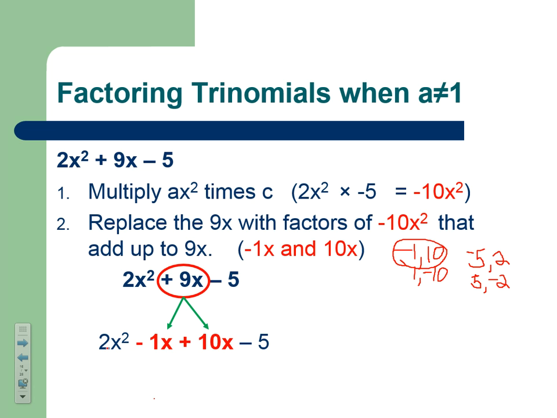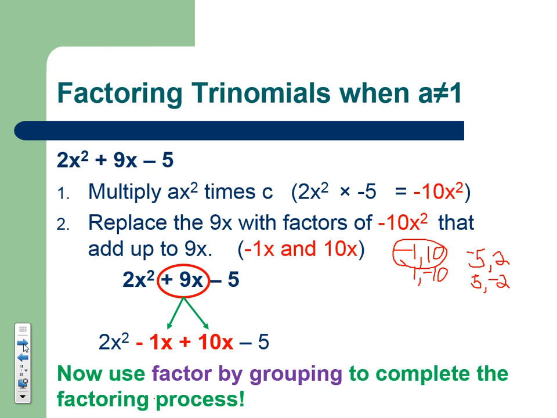So now our problem reads 2x squared minus 1x plus 10x minus 5. And again, we've replaced the middle term with the factors of the negative 10x squared that will add up to be the middle term. And again, we get the negative 10x squared from multiplying ax squared times c.